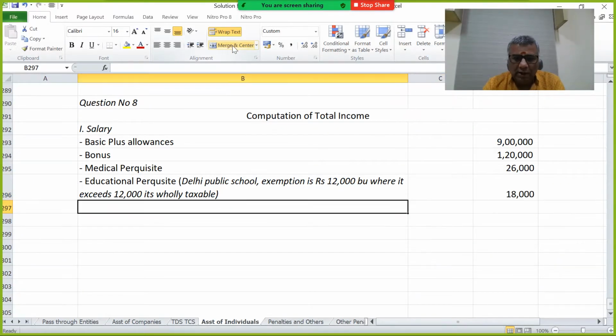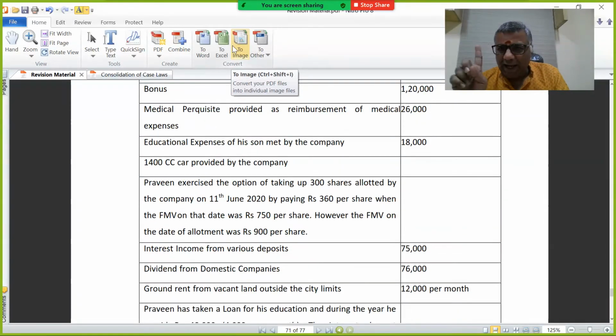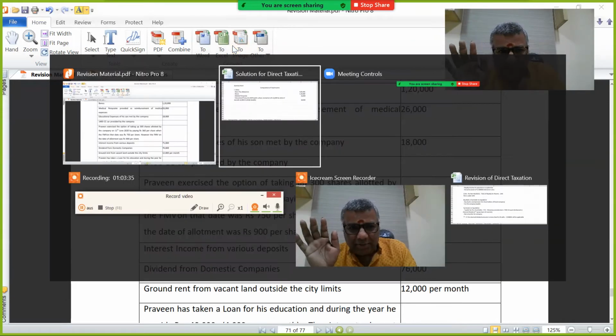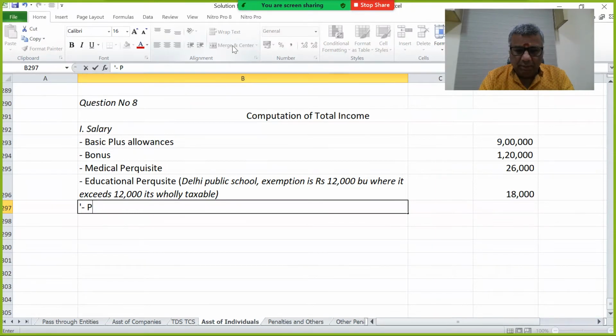It is wholly taxable. Then, okay, this is not an 80 IAC company. So it is going to be taxable in the year of exercising the option. Okay, perquisite value of ESOP, not an 80 IAC company. So let us tax it.